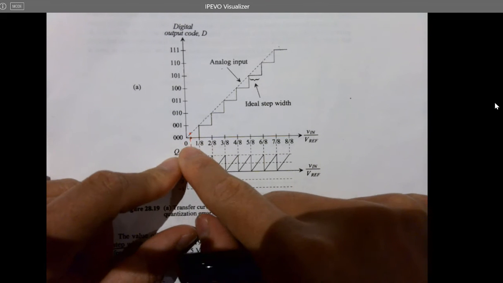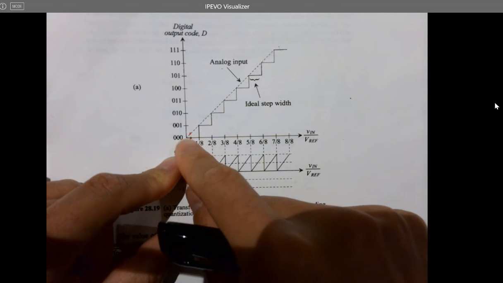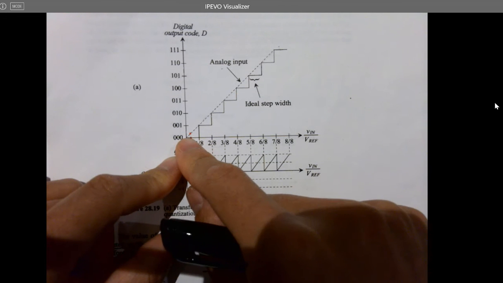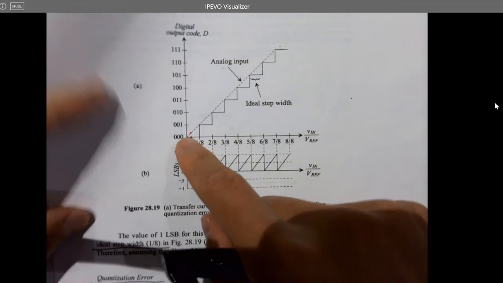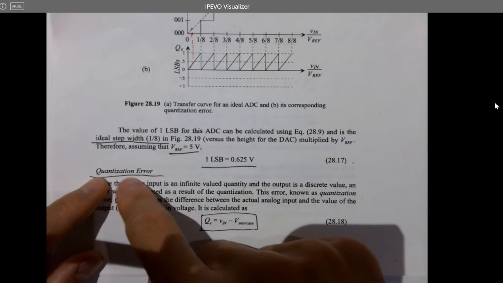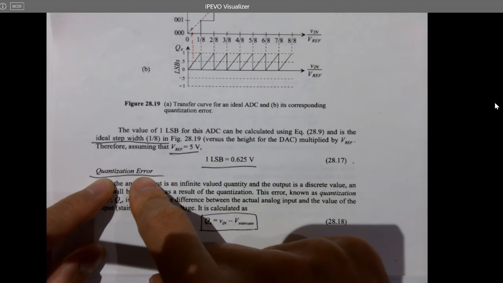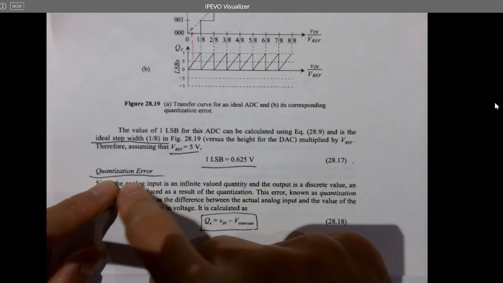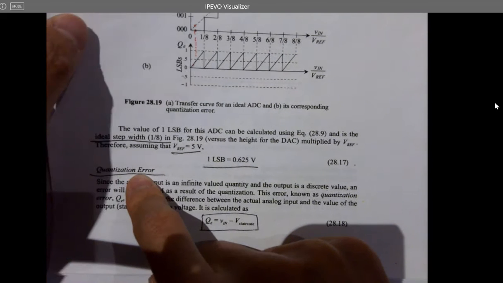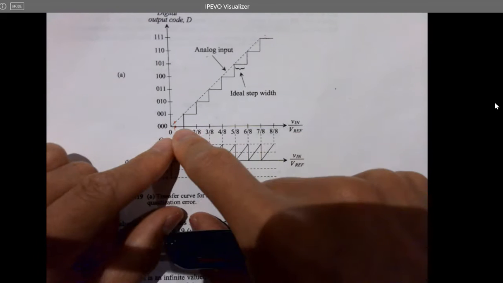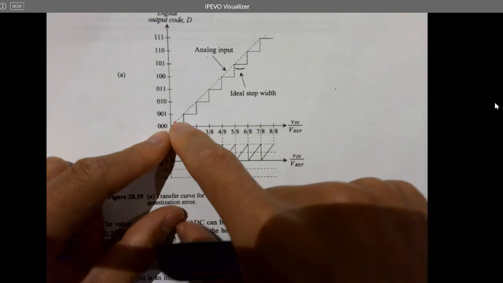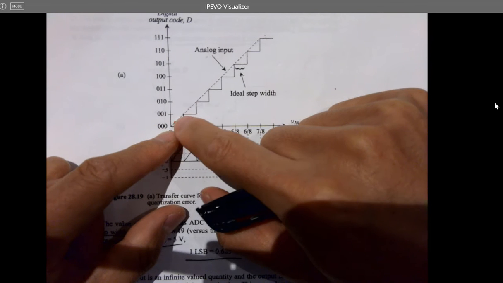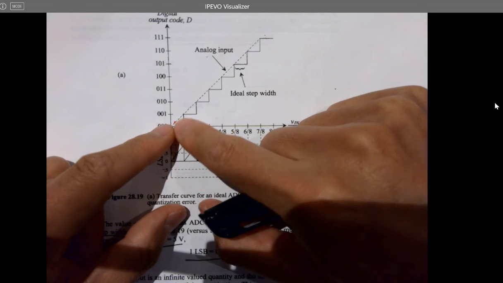For example, when it's 0, it is 0, so the error should be 0. And there's a concept called quantization error, which is different from INLs and DNLs. Keep in mind, quantization error is different from these nonlinearities. Quantization error is just the difference between the ideal value and the actual value. You can see this curve, the dashed line, it's increasing.